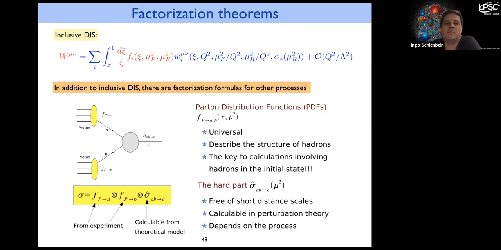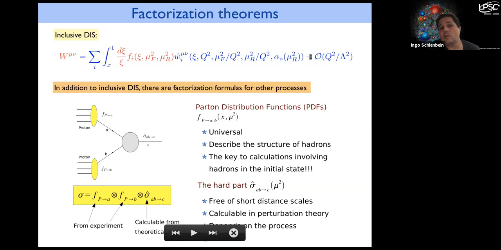So here would be, for the case of inclusive DIS, the factorization theorem. It's in principle the same formula as before in the naive parton model, but the difference is now you see the PDFs depend on factorization and renormalization scales. The partonic tensor, the hard scattering tensor, if you like, depends also on the factorization scale, the renormalization scale, and alpha_s, always here in the form of the ratio with respect to the hard scale.